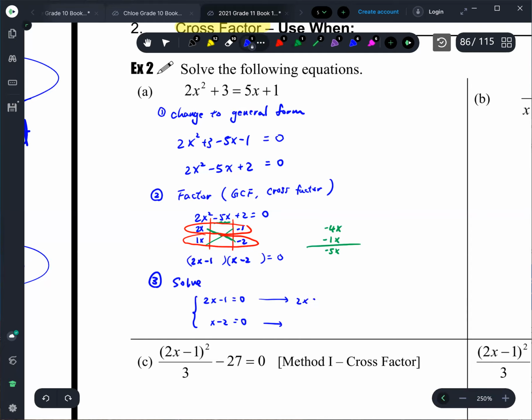Yeah, okay, so 2x equal to 1, x equal to 1 over 2. Now second equation, x equals to 2. Yeah, okay, so we get two answers, then you can put them all together. x equal to half and 2.